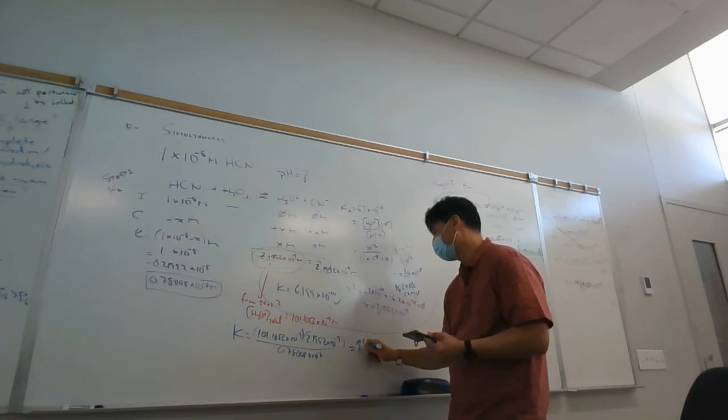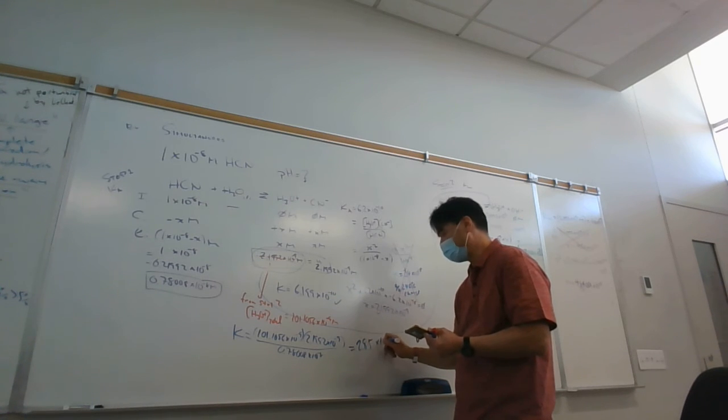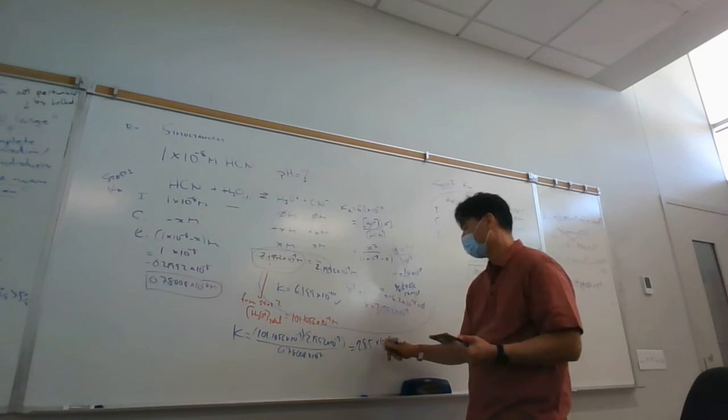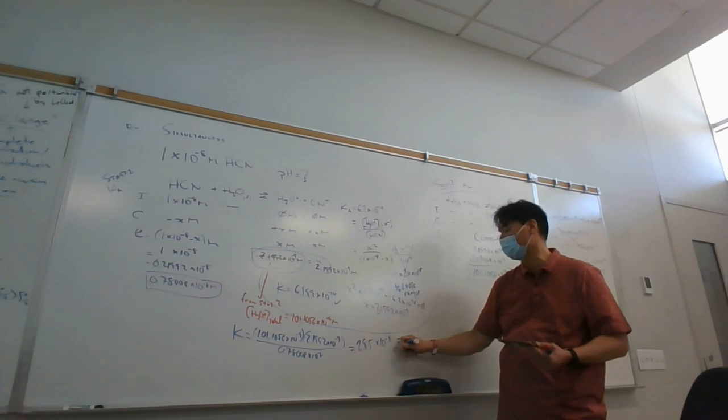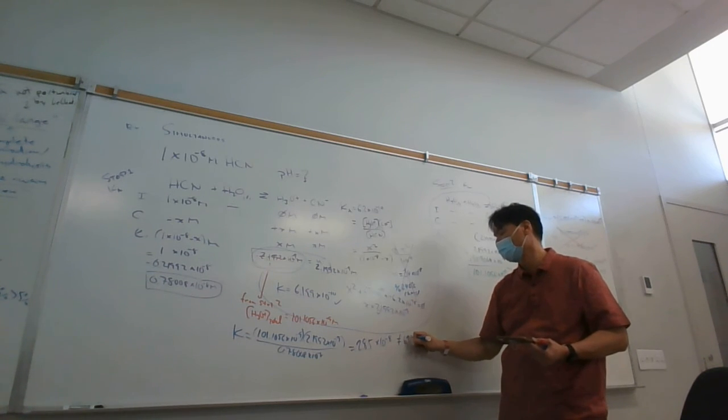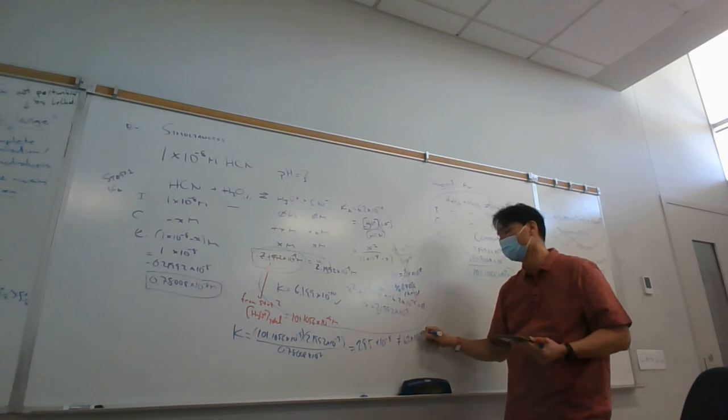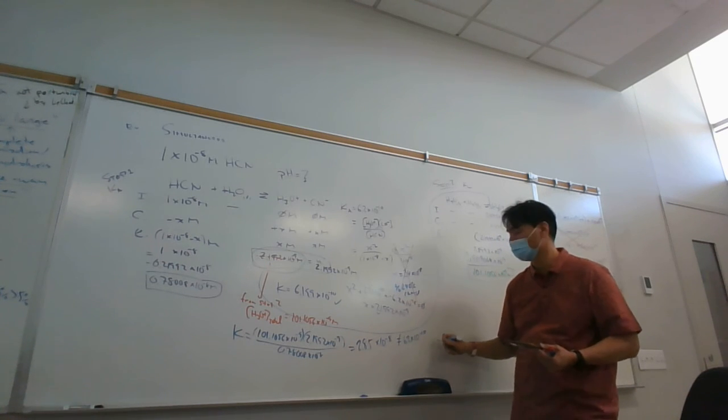This comes out to 2.85 times 10 to the minus 8. 2.85 times 10 to the minus 8 does not equal 6.2 times 10 to the minus 10. And so it's no longer at equilibrium.